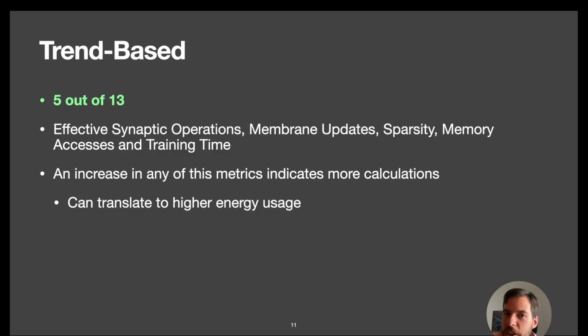It doesn't give a sense of energy, or of whether it is good or bad. But if you know that in one design you have 3 million and in the next design you have 4 million, then you know that this will probably mean an increase in energy consumption because you have more synaptic operations, even if you don't know exactly how synaptic operations and energy correlate.